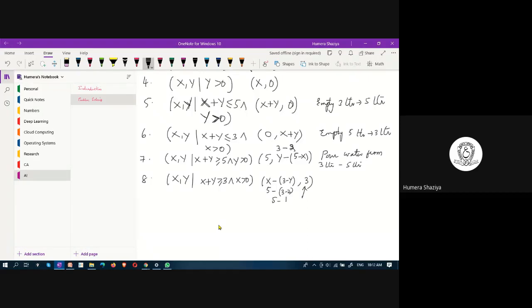So 5 minus 1 is 4. After you pour 1 liter water into the 3 liter jug, in the 5 liter jug, 4 liter water will remain, because you are putting 1 liter from the 5 liter into the 3 liter to make it full.